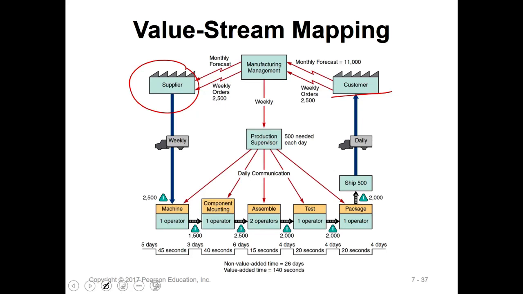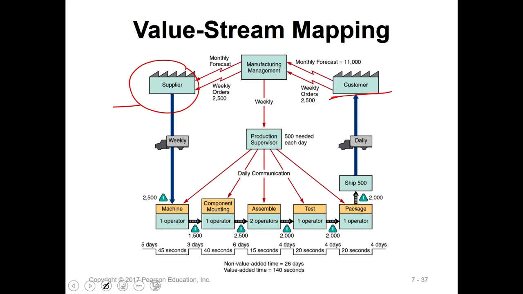The value stream mapping is not just focused in-house, but also includes the connections with the outside world, with your working partners, expanded from the customer back to the suppliers.